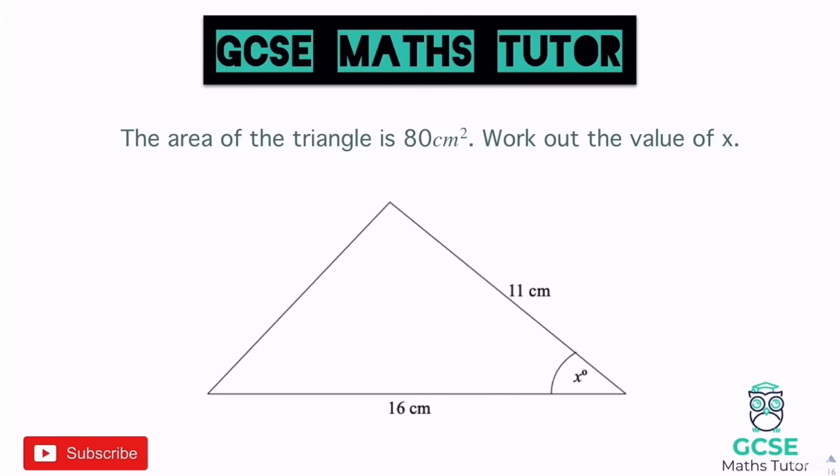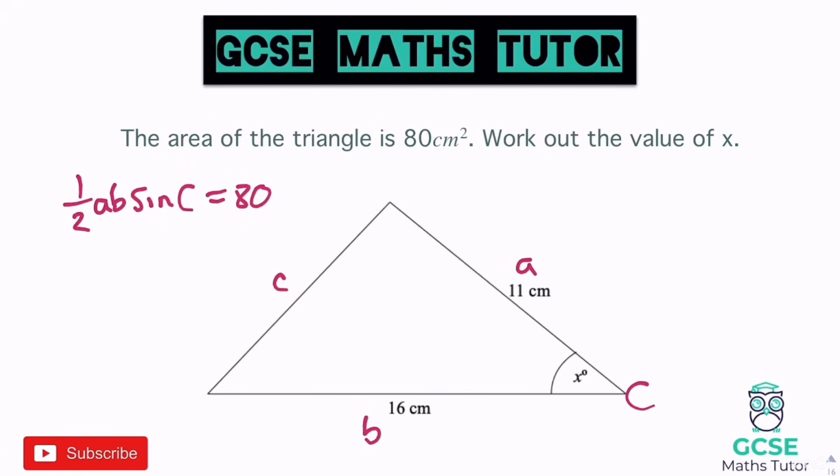Question like this though, you might be given the area of the triangle, so it says the area is 80, so we're working backwards a little bit here. So we're going to use half AB sine C again, but this time it gives us the answer, so the answer to that half AB sine C has to equal 80. So let's just plug in all the numbers here, again C being my angle, and then A and B being my other lengths.